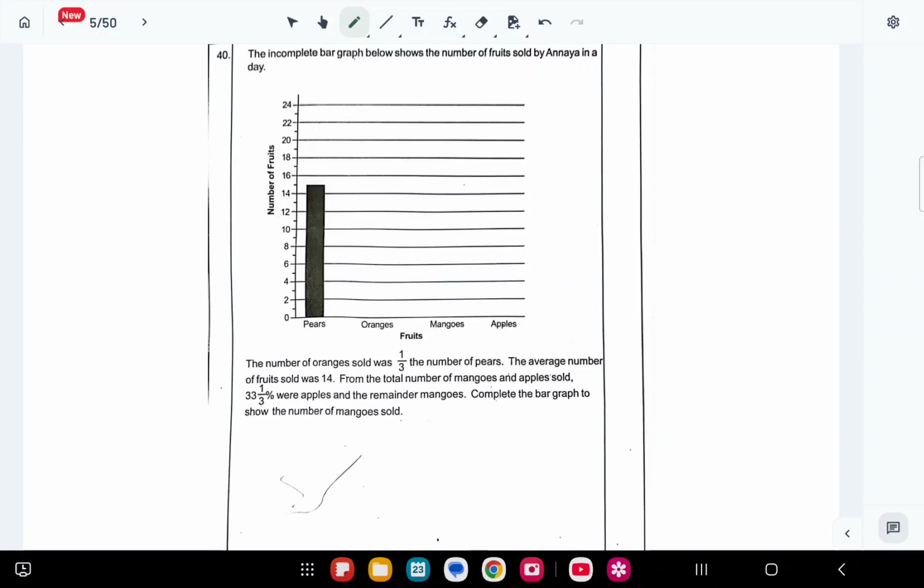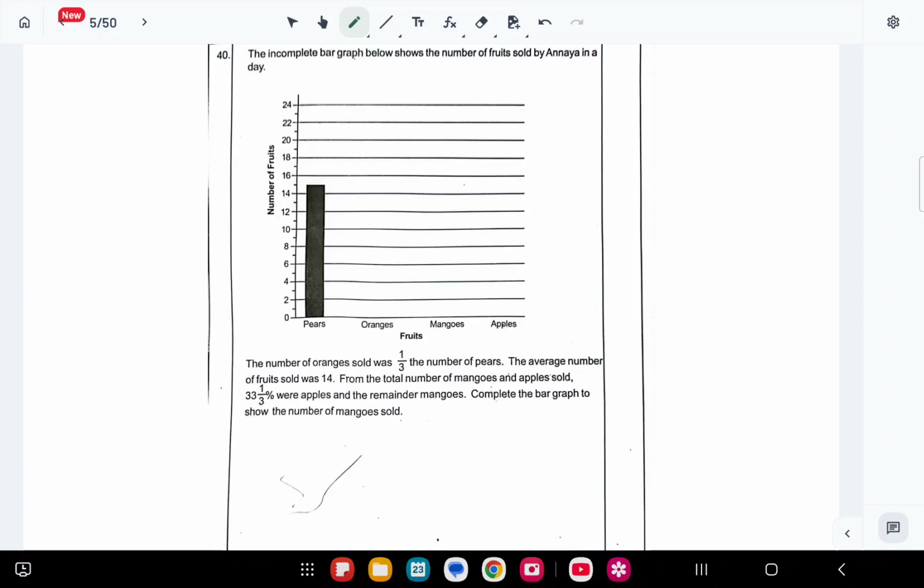So we know oranges is 1/3 of that. They said the average number of fruits sold was 14. And they said now from the total number of mangoes and apples sold, 33 1/3% were apples and the remainder mangoes. Complete the bar graph to show the number of mangoes sold.